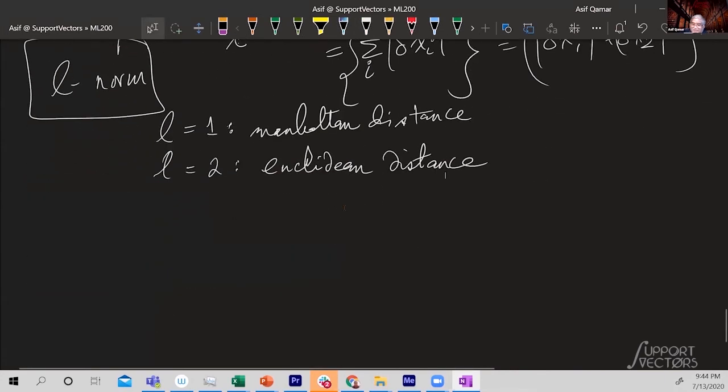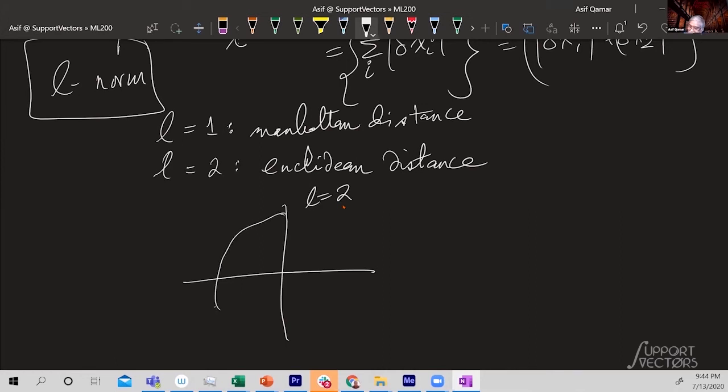So I'll give you an intuition of how it looks in space. Take a unit circle: what does a circle look like in Euclidean distance, L is equal to 2? Let us have a definition of a circle.